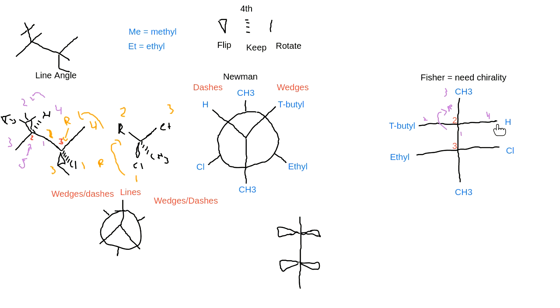And because my fourth group is on a wedge, I have to flip it, remember? So because of that, we are going to put hydrogen here, and T-butyl here, okay? And it just so happens to work out perfectly because we do want it to be S. Now when you do priority, you would get S, and that's exactly what we want. So this carbon 2 is good to go, okay?